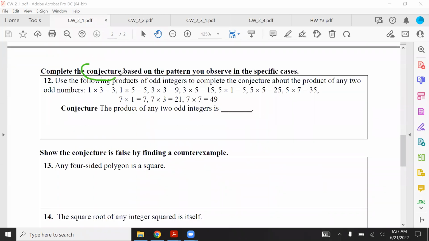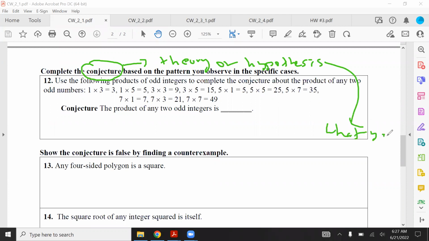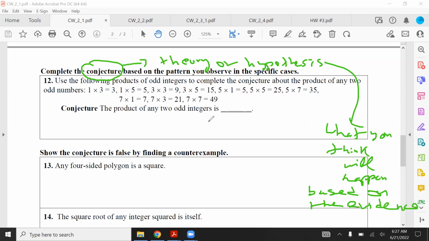Conjecture means you come up with a theory or a hypothesis, like what you think is going to happen, based on the evidence. So what evidence do we have here?